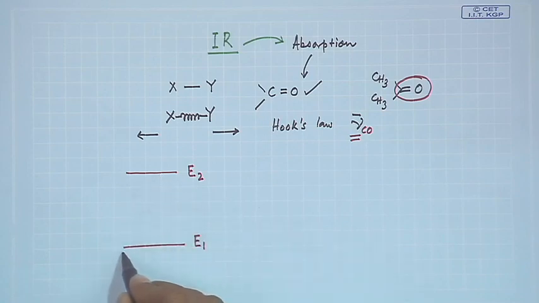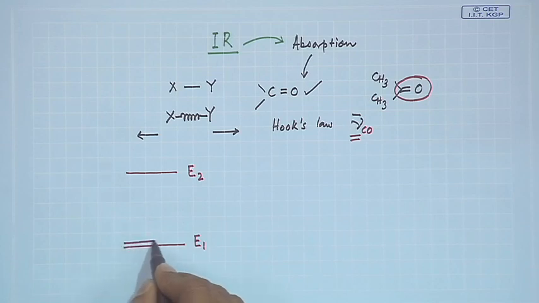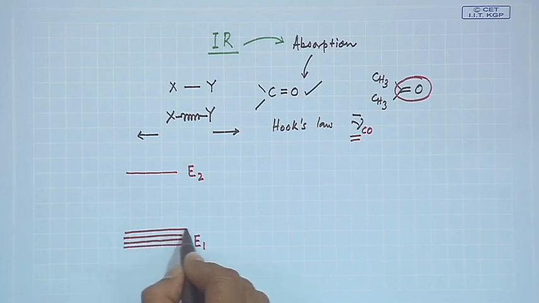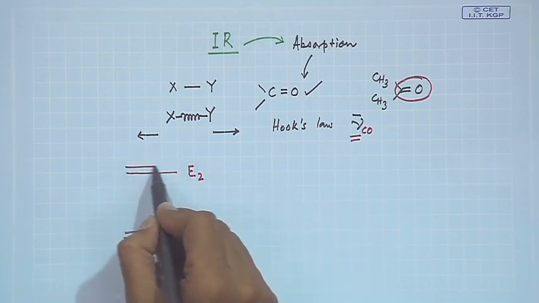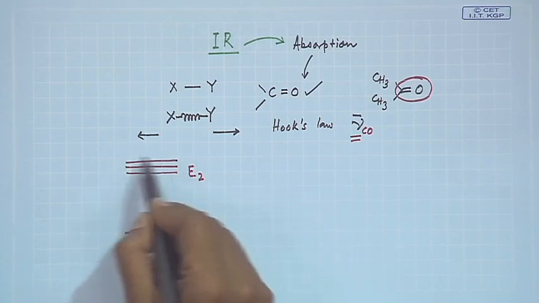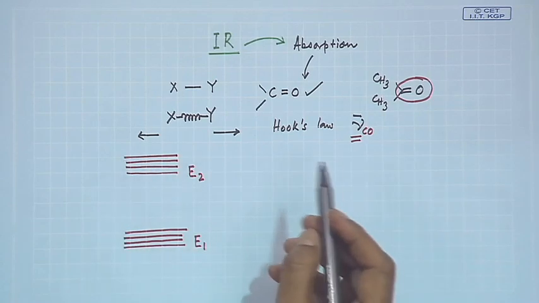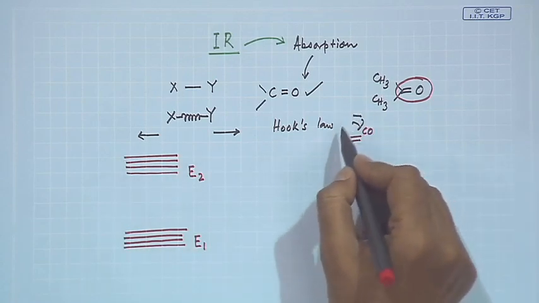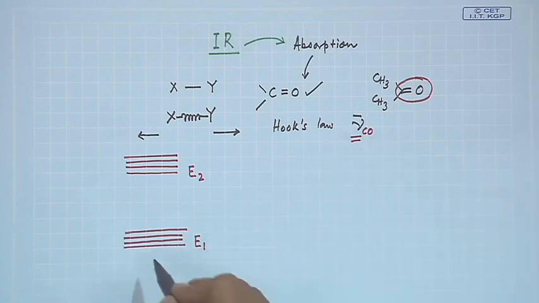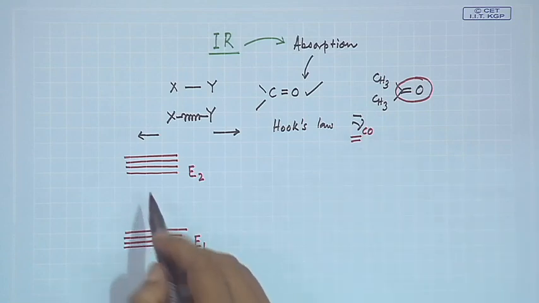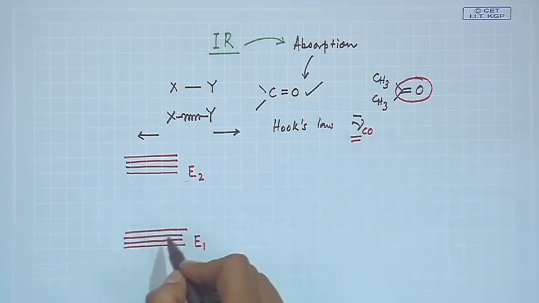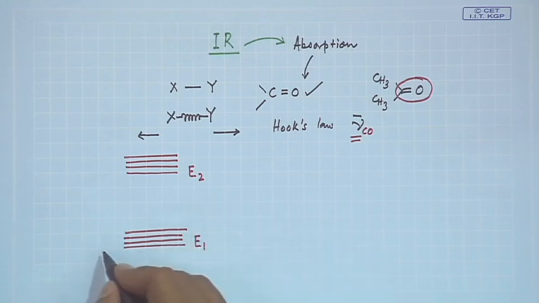Now, we will be talking about something where, within one particular electronic level, we can have several other vibrational levels. So, we can have the different vibrational levels and the change in energy, because it is in the low energy region. That vibrational energy change will be responsible for its absorption.